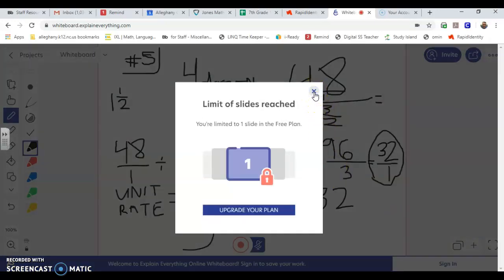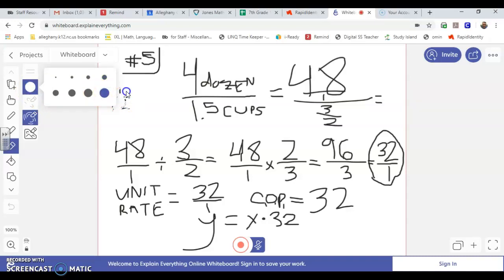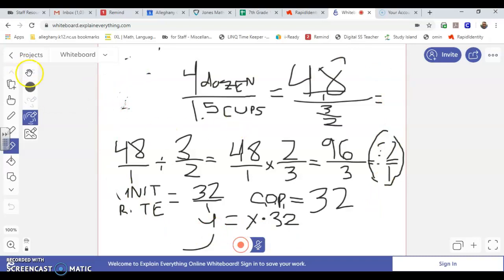Okay, so on this website, they're not going to let me do another page, so I'm going to have to erase all of it. So let's make it a little bit bigger than this. Oh yeah, I need much bigger than that. I should do like a small bird.